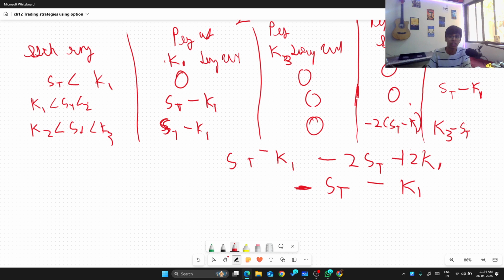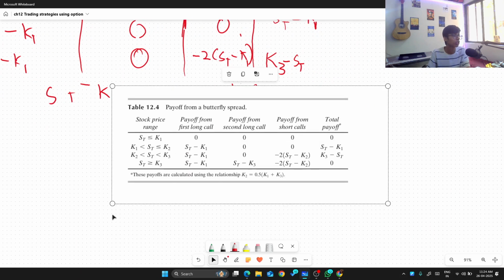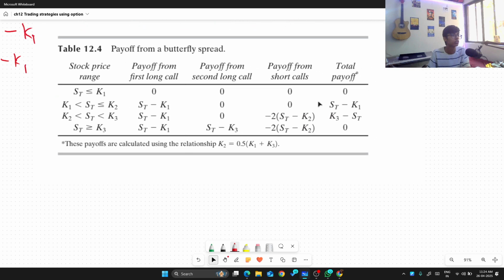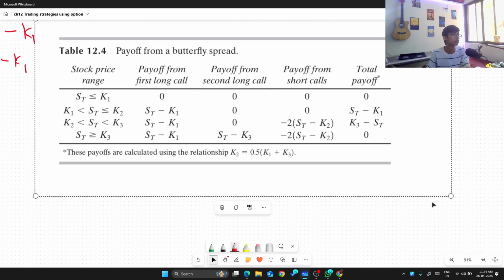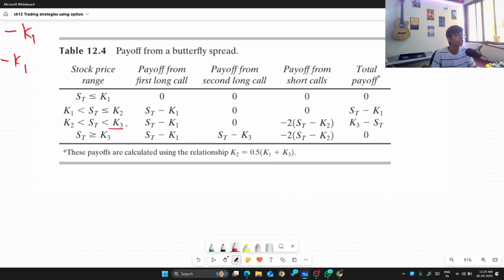So let me give you the right payoff of this butterfly payoff, and we would solve it, right? So when it is between here, it is ST minus K1 plus minus 2 ST minus K2, right?